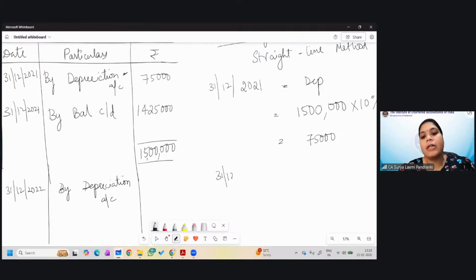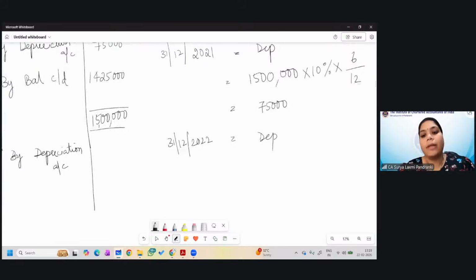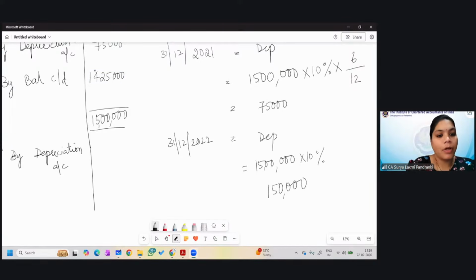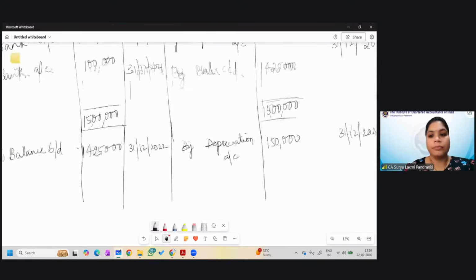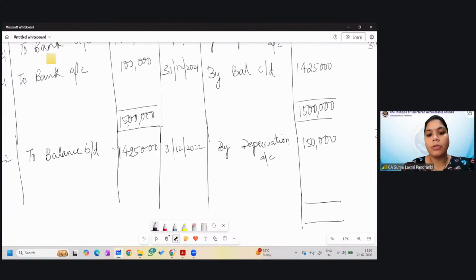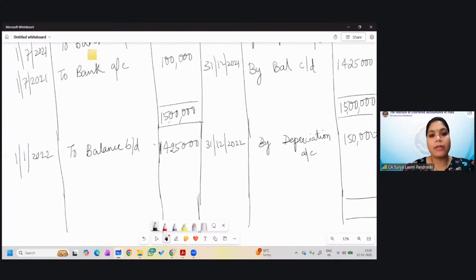So 31st December 2022, what is the depreciation? Depreciation will be 15 lakhs into 10%. What is the answer? This is 1,50,000. Okay. So here it is 1,50,000. Now let us close this account also. Balancing figure will come on which side? Debit side or credit side?